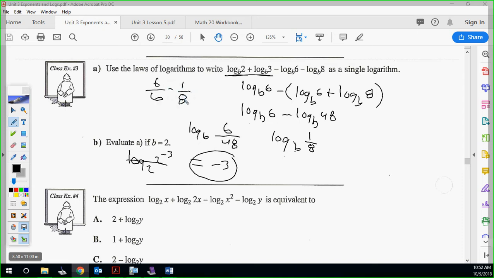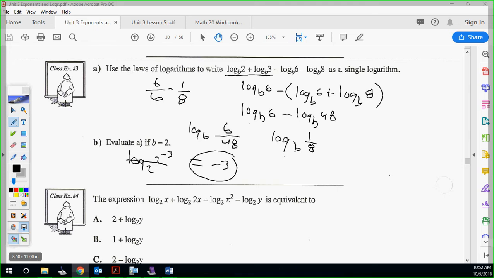That works too, because you're doing it in order. Both ways work. I think the biggest thing you need to understand is that this means division, this means division, so they're both underneath. That's the big part. Any questions? Okay, negative 3, everybody okay with that?